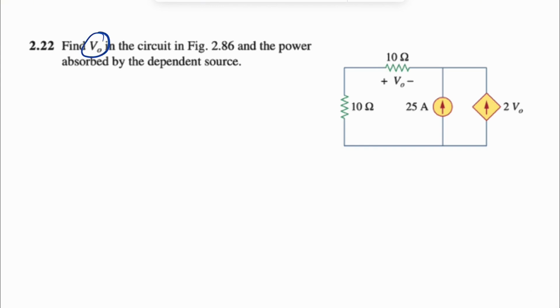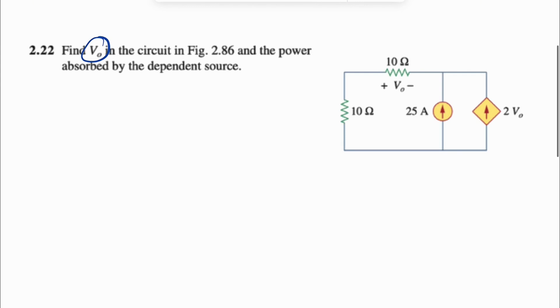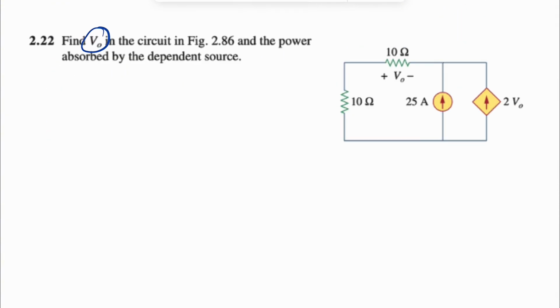So let's move on to the next question. We're asked to find V0 in the circuit in figure 2.86 and the power absorbed by the dependent source. We can see that in this circuit we are dealing with two different current sources, and we can use Kirchhoff's current law for this node that I'm showing in here.